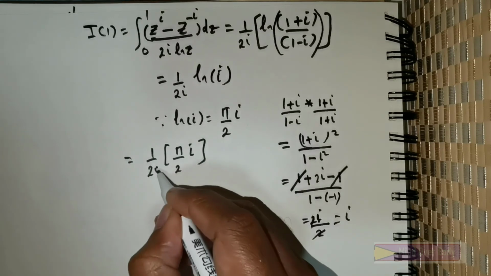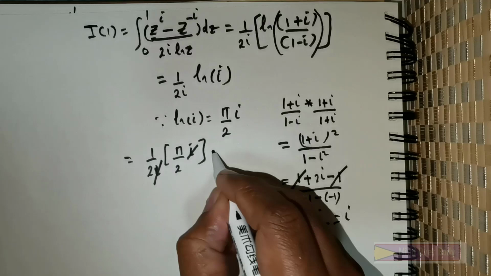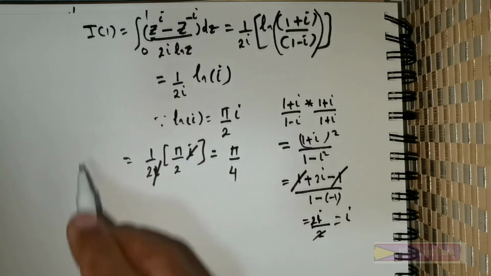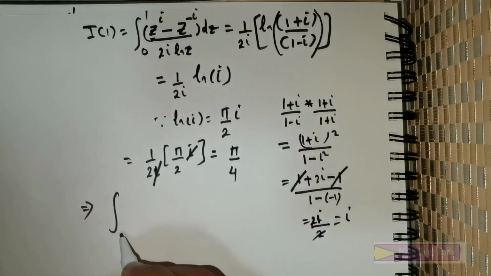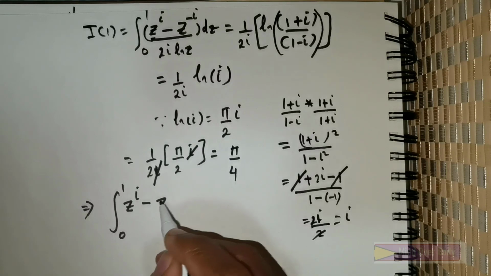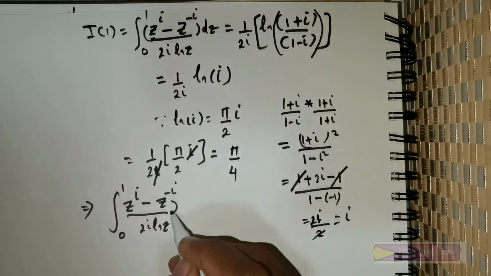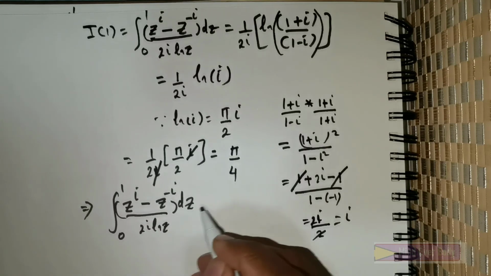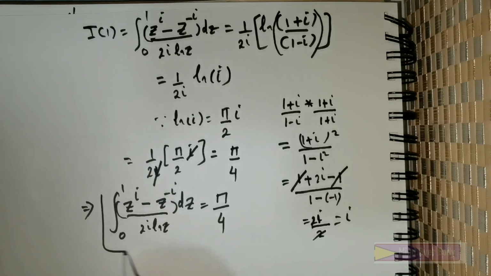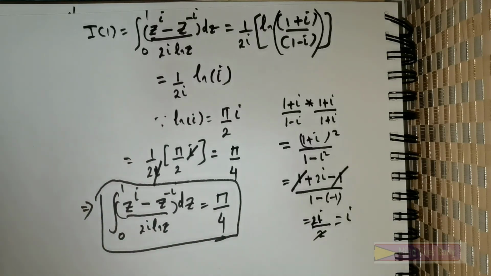Now the i in the denominator can be cancelled with the i in the numerator, giving me pi over 4. Now this implies the integral from 0 to 1 of (z raised to the power i minus z raised to the power negative i) divided by 2i ln z times dz is equal to pi over 4, which is the solution for this question. Thank you, students.